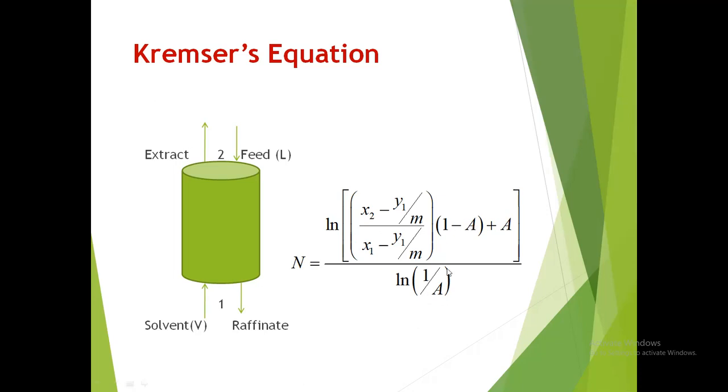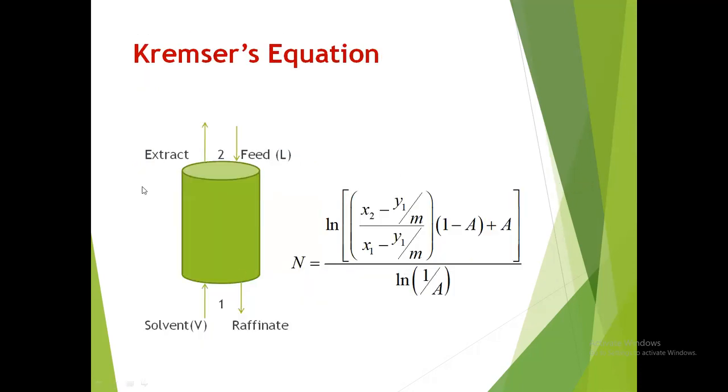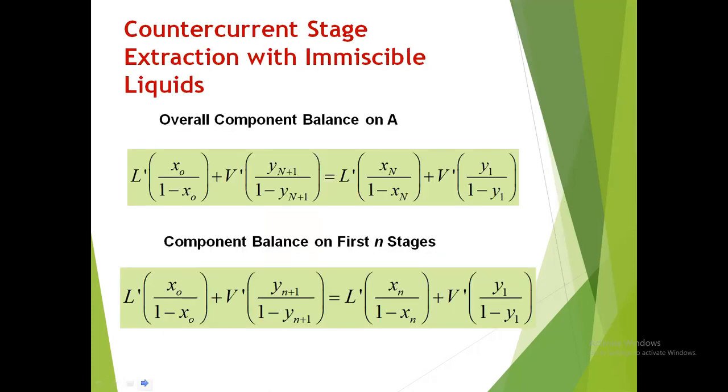The A is still the absorption factor that we have discussed in gas absorption. And you'll be able to determine the number of stages for your extraction system. Okay, so you have two alternatives, this one and this one. Anyway, this one is also found in your handbook, the Kremser equation.